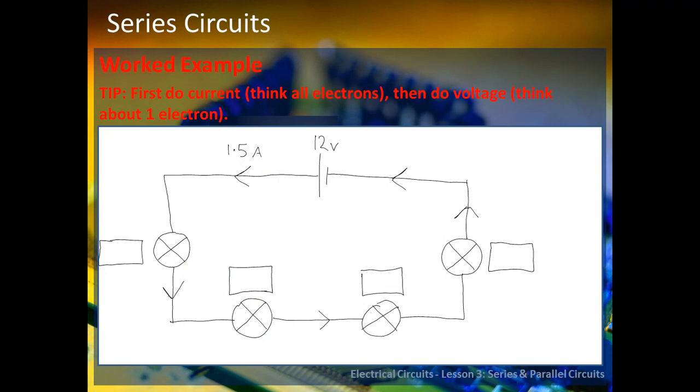So looking at some worked examples for this, I would strongly recommend that you separate the two things, current and voltage, and deal with them separately. So dealing with the current first, we need to think about all of the electrons collectively. So we've got 1.5 amps, however many electrons that is. And because there's no way for those electrons to go off elsewhere, we must still have 1.5 amps there.